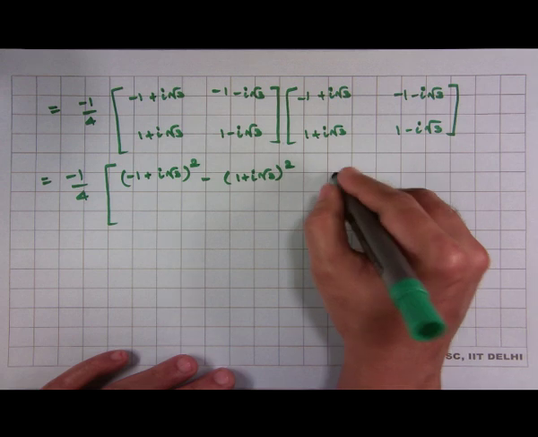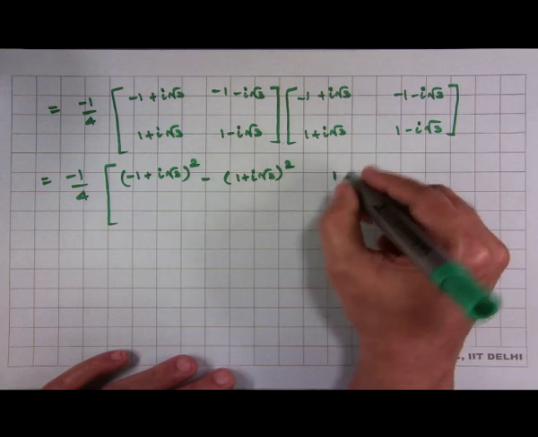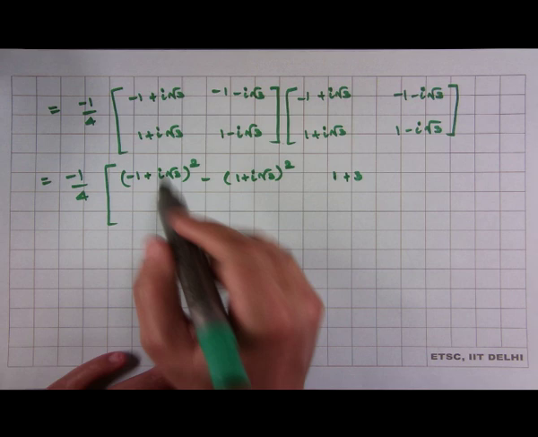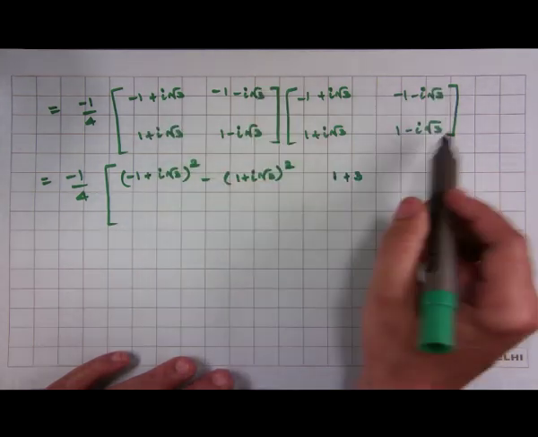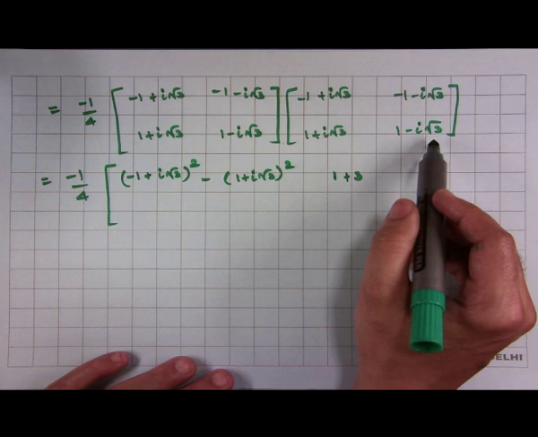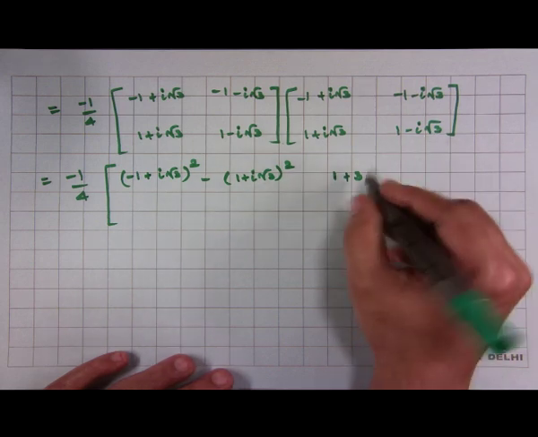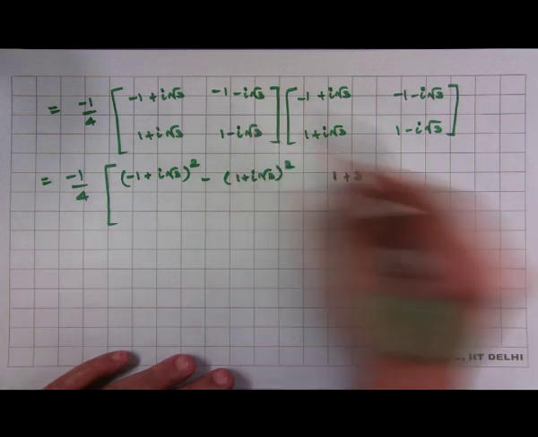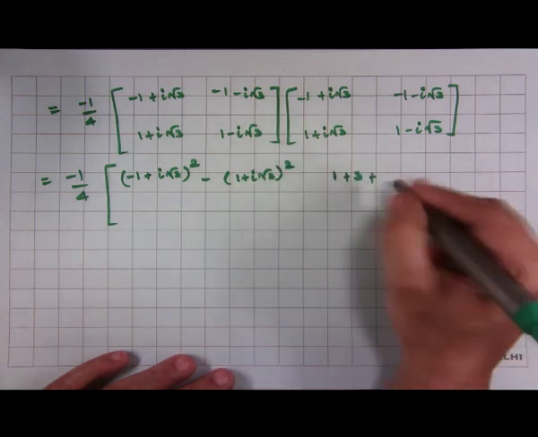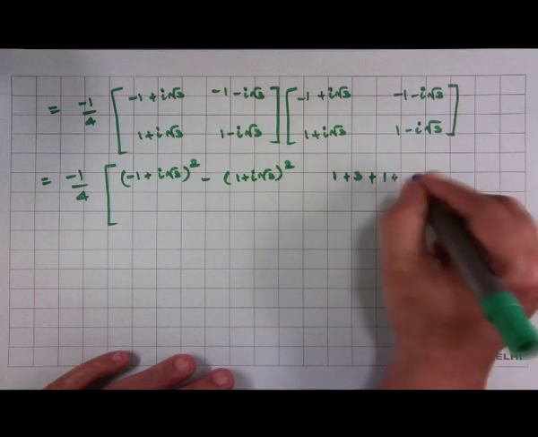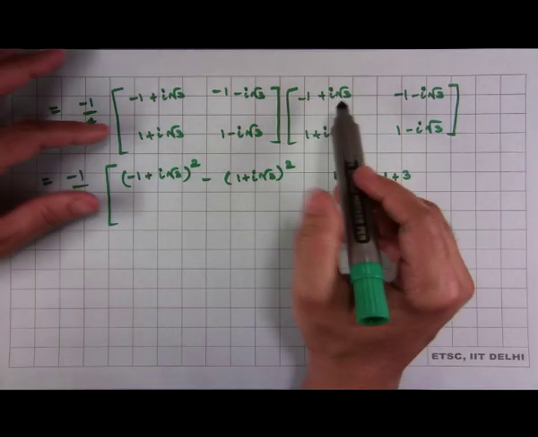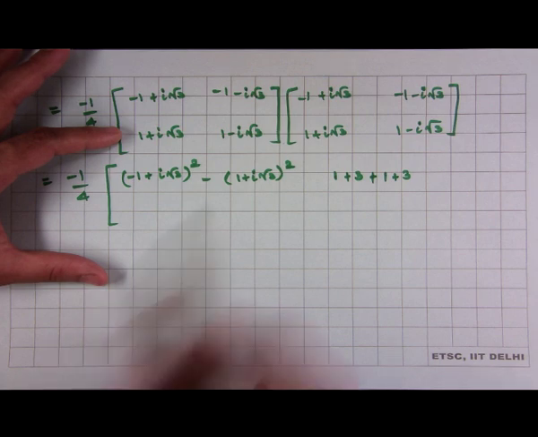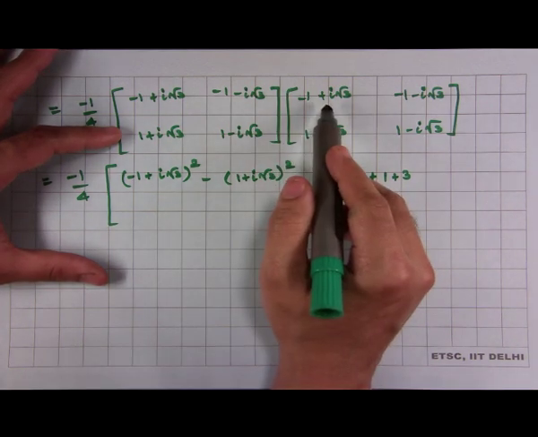So, a is 1 plus 3, this into this, and similarly here a plus b into a minus b, which is a square plus b square, plus 1 plus 3. Again this into this, again you have a plus b into a minus b.